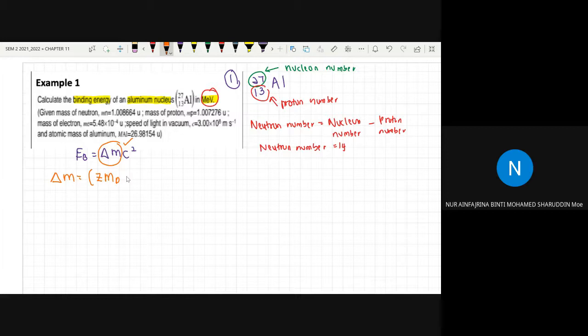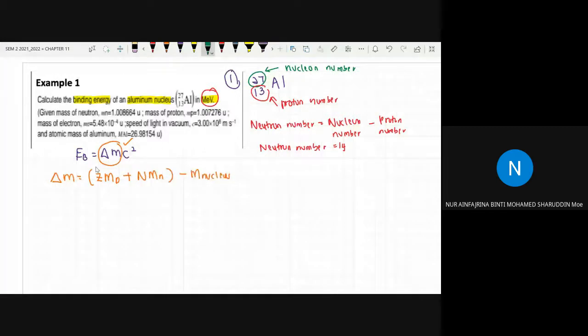Number of protons, do we know already? Look here, we already know. Mass of proton is given. Number of neutrons, have we found it? Yes, very good. Mass of neutron is given, right? What about the mass of nucleus? Is it given? No. How do we find the mass of nucleus?